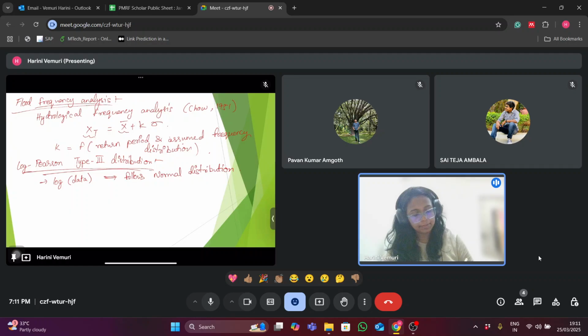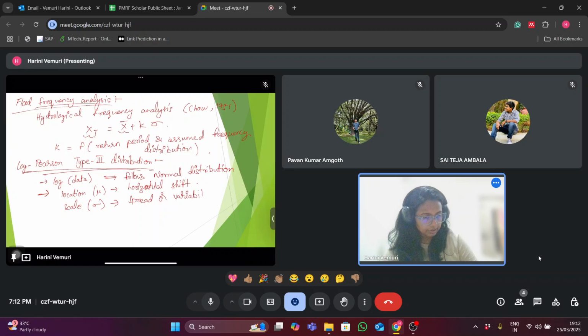It has three parameters, unlike the normal distribution, which has mean and sigma. Here we have the location parameter, mu, which represents the horizontal shift in the data, then the scale parameter, sigma, which represents the spread or variability in the data, and the shape parameter, gamma, which represents the skewness in the data.